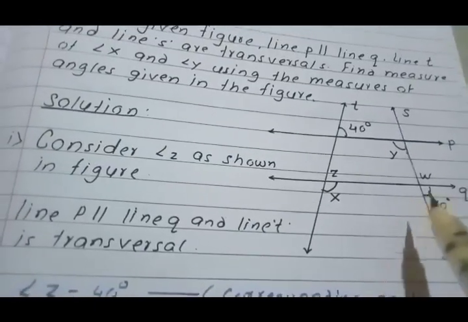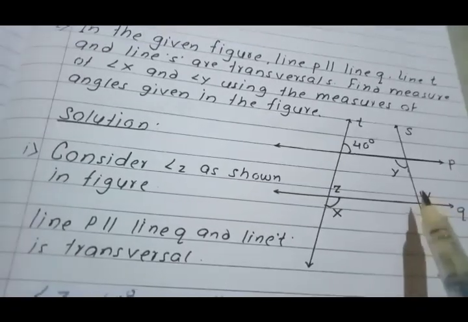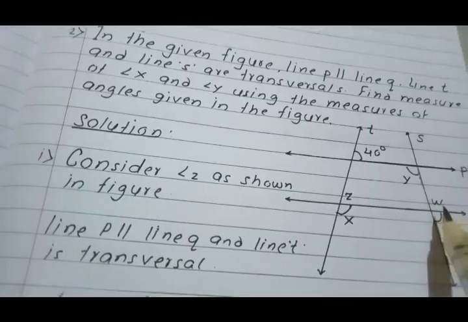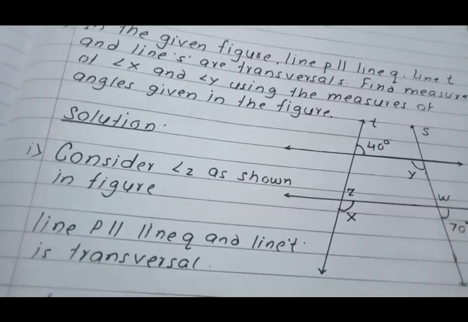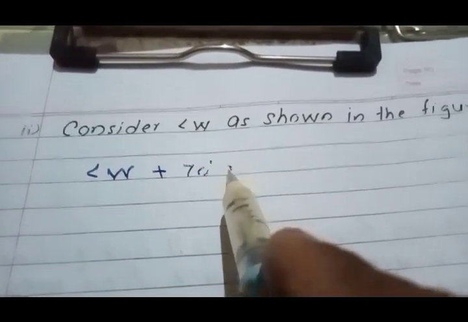Consider the angle W as shown in the figure. So angle W plus 70 equal to 180.